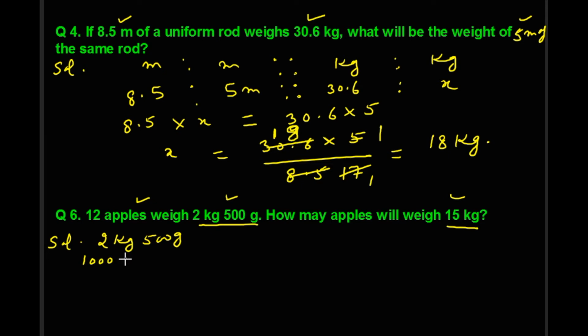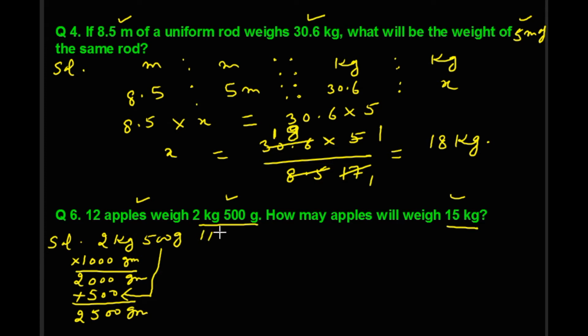1 kg equals 1000 grams, so we will multiply it, so it will become 2000 gram, and we will add the remaining 500 gram to it, so it will become 2500 gram, right?